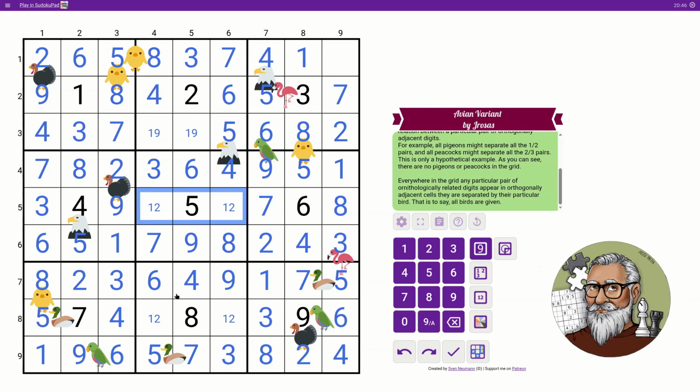So what could I eliminate? I can't have 9, 6 because of the parrot. And because of this one. Right, these would have to be resolved. Somehow the 5 doesn't care about the 2 or the 1. Where do I have 2 or 1 actually? 2, 9 is not allowed.